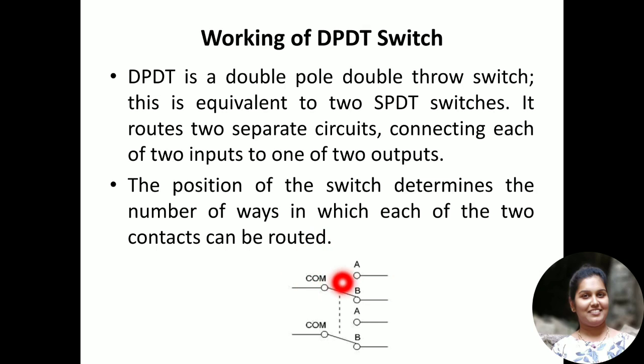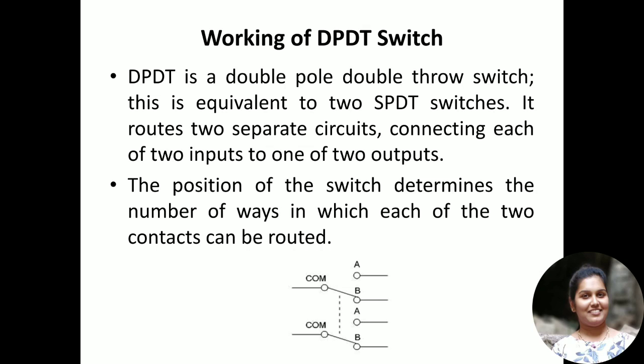So when two single pole double throw switches are taken and connected together, it forms a double pole double throw switch. So a double pole double throw switch is nothing but two single pole double throw switches.